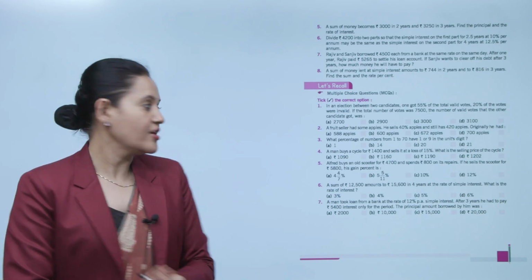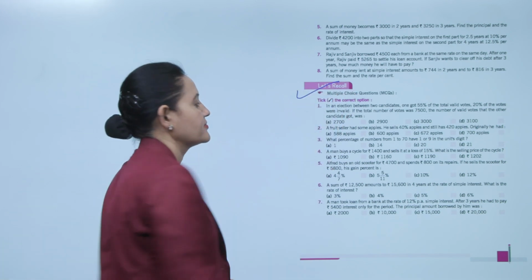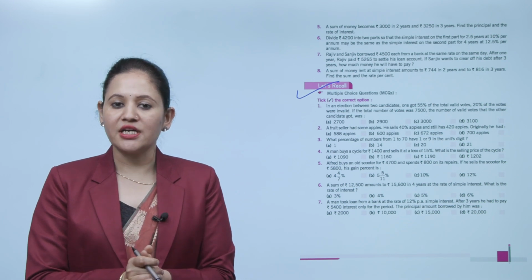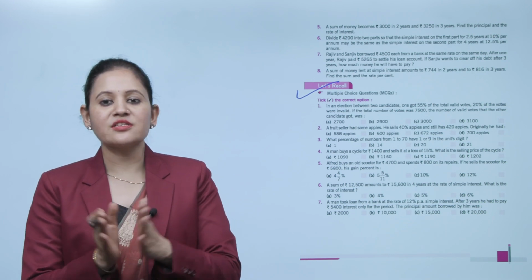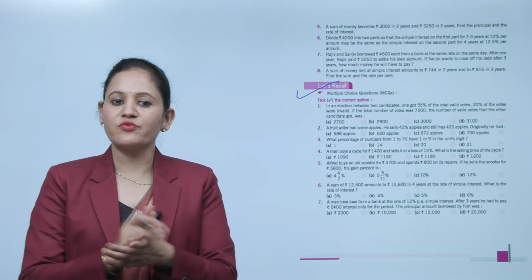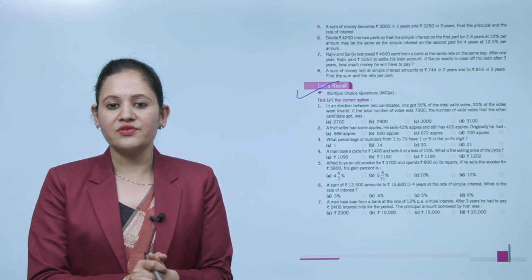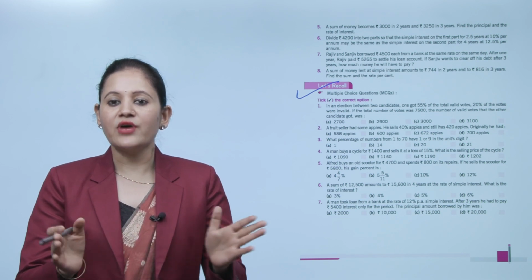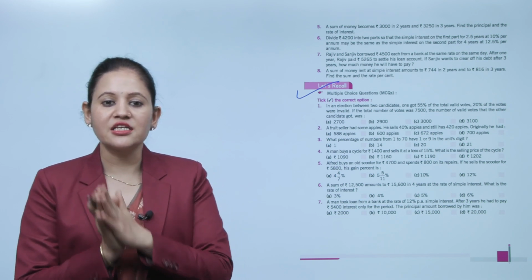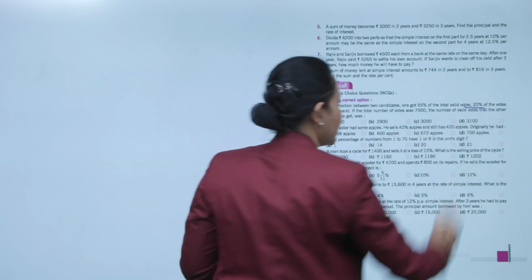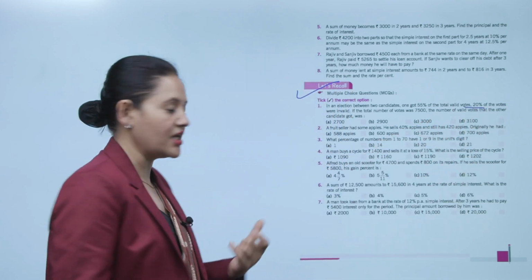Next is, let's recall. Take the correct option. In an election between two candidates, one got 55% of total valid votes, 20% of votes were invalid. If the total number of votes was 7,500, find the number of valid votes that the other candidate got. So 20% votes were invalid, means 80% were valid.